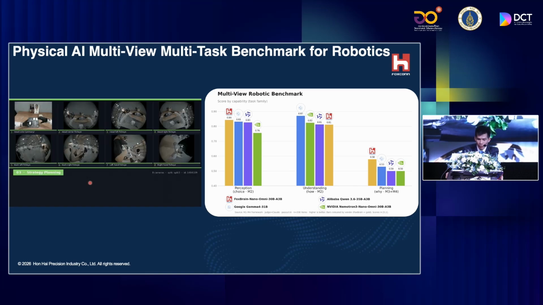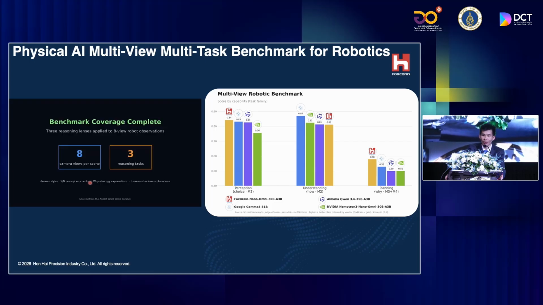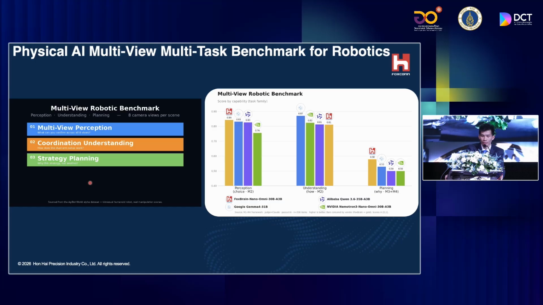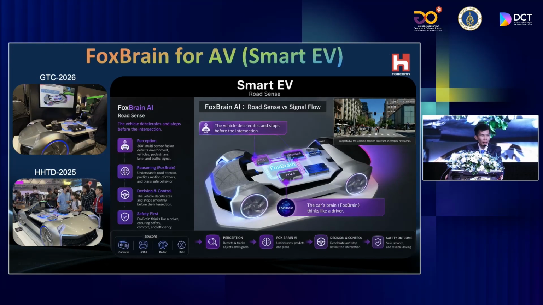And for us, we will soon release one of our multimodal vision language models built for physical AI, and we will release it soon on Hugging Face. You can check the Foxconn Research Institute Hugging Face. I think we have one public, and we will soon release more. We built FoxBrain for autonomous driving. At Foxconn, we have the manufacturer EV, but we also try to build the driving assistant, autonomous driving, and assistants on the car.